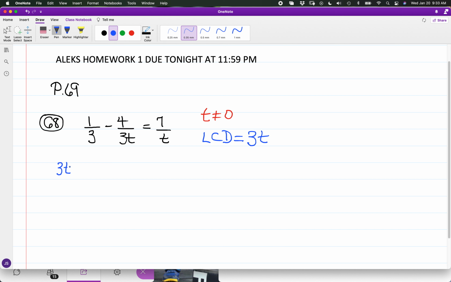So you have 3t multiplying 1/3, and then we have subtraction, 3t times 4 all over 3t, and we have is equal to 3t times 7 over t.